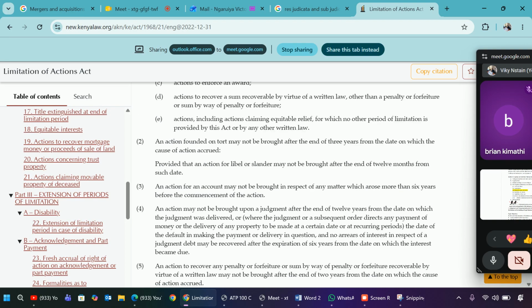3. An action for an account may not be brought in respect of any matter which arose more than 6 years before the commencement of the action. 4.